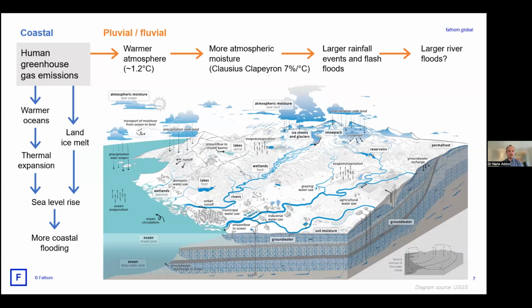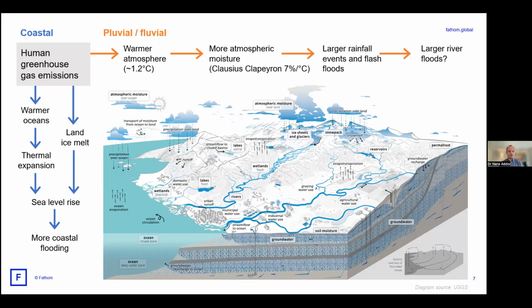And this means that the atmosphere is warming up, as many of you will know. So the current level of warming is about 1.2 degrees Celsius above pre-industrial levels. And just to give some context, the Paris Agreement is trying to limit warming to 1.5 degrees Celsius.